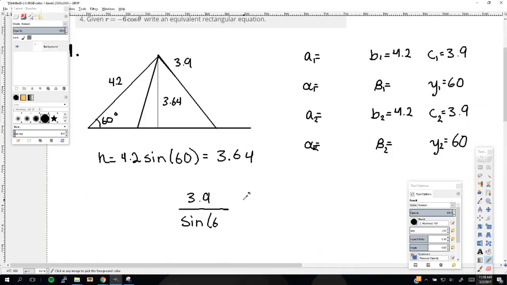Oh, are you solving for beta first? I didn't know if that's what you're supposed to do. Does it matter? I don't think it matters for the first thing. I was just gonna solve for side A first, but go ahead.